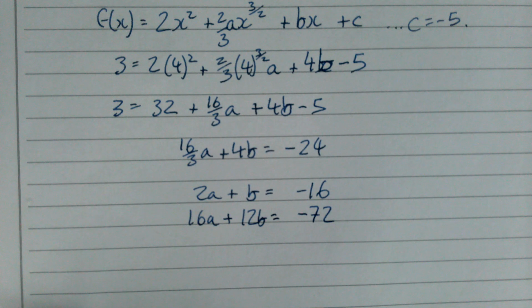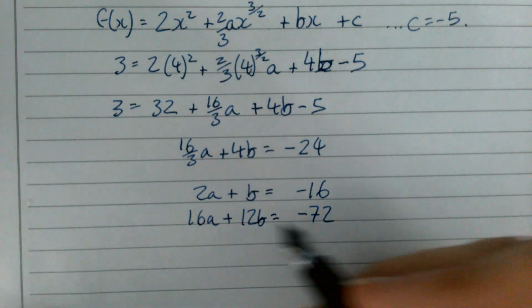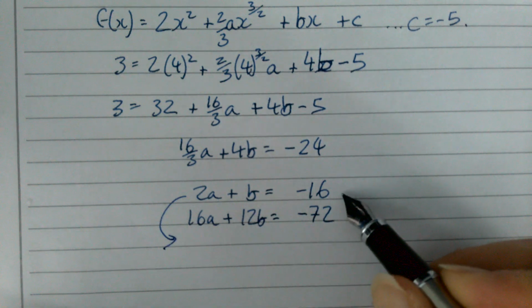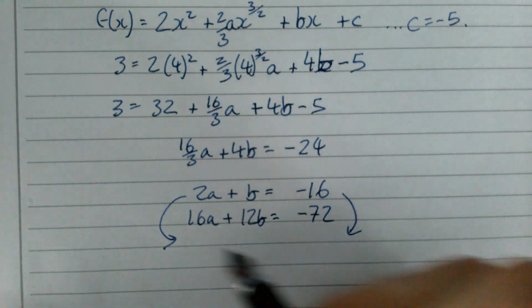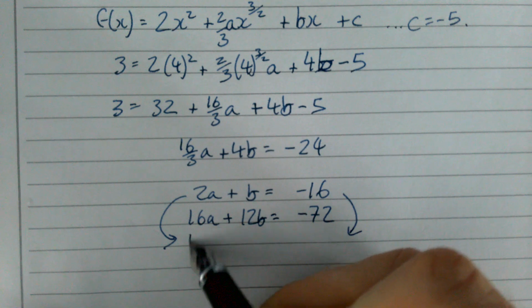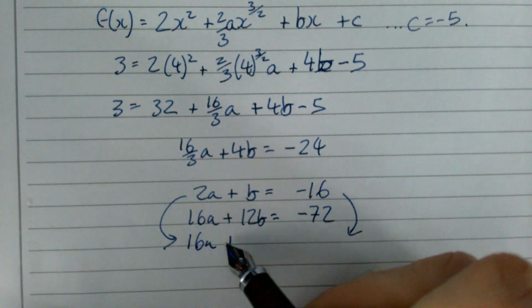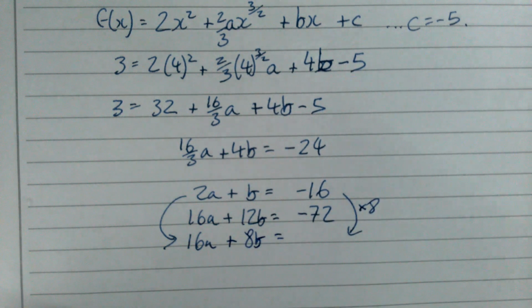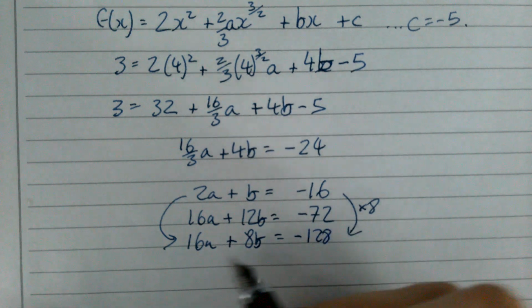And then to work this out, I could multiply this one by 8, couldn't I? That's going to give me 16a plus 8b equals 16 times 8 is 128, negative 128.